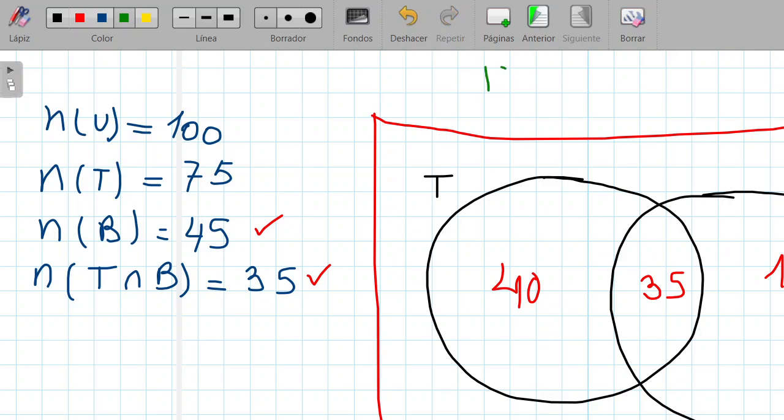So if we have a total of 100 students, which is the universe, and we subtract the ones who have television only, the ones who have both, and the ones who have bicycle only, 100 minus 40 is 60, 60 minus 35 is 25, minus 10 is 15. So 15 students don't have any of that.